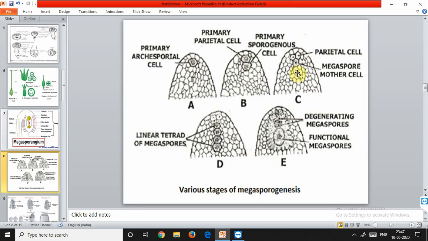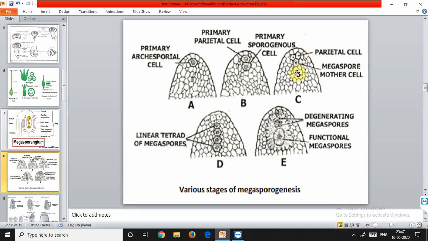These are no more hypodermal, they become subhypodermal, meaning present below the hypodermis in position. So ovules with such a sporogenous cell are called crassinucellate. The term is used for those cells that are present in the subhypodermal condition.